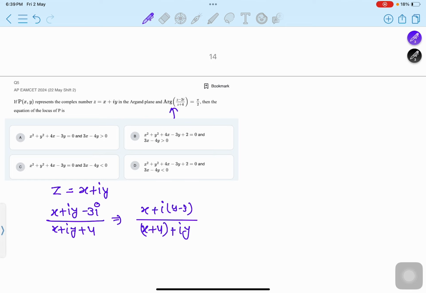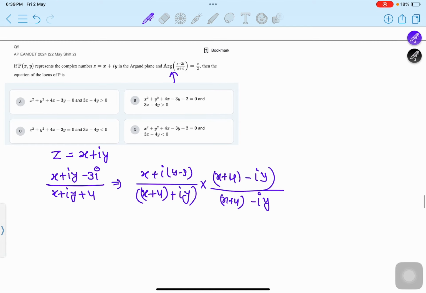After that, again rationalize. The best method is rationalization. Okay, start to rationalize: multiply by x plus 4 minus iota y, on the upper side and the lower side.